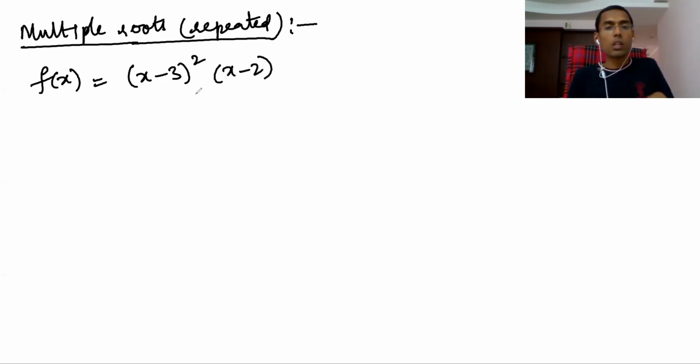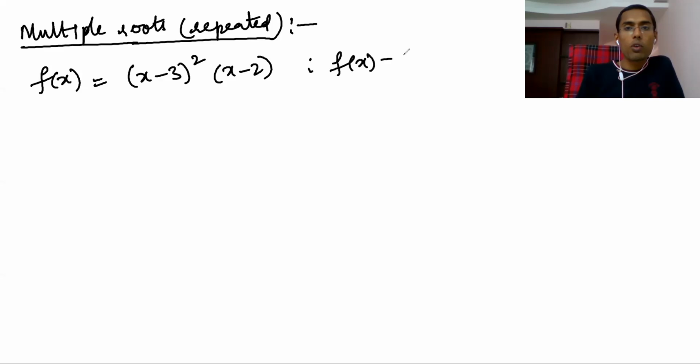What are the roots of the equation f of x equals 0? The roots are 3, 3, 2. That means 3 is a twice repeated root, or a root of multiplicity 2.